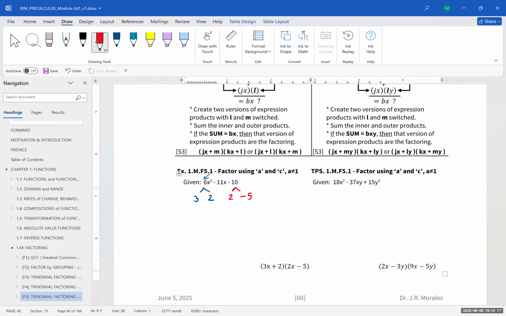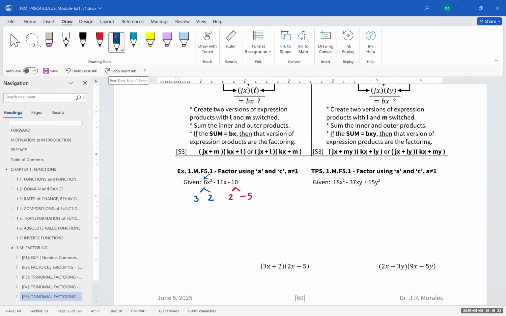Now, let's dispel the mystery here. I could have chosen negative 3, negative 2, but that's not going to end up being right. This is a trial and error process, and we could have also looked at something like this, but that's not going to work here either. The only way that you know something's going to work is you just have to try different iterations of it.